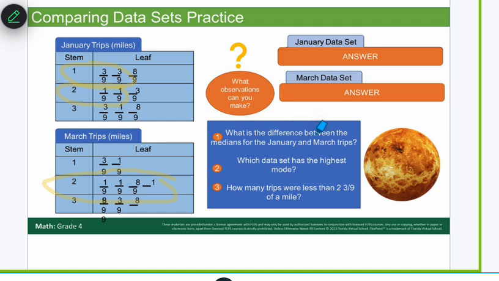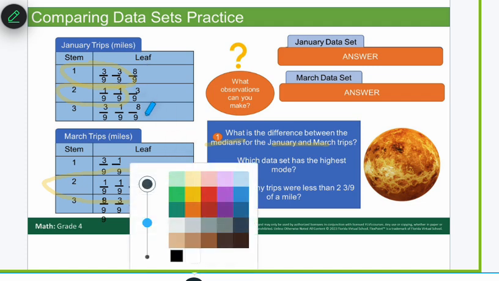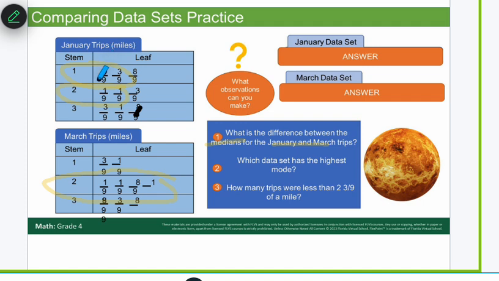What is the difference between the medians for January and March? Well, in order to find the median number, what do I have to do? Remember, median is medium. This is going to be my middle number. Well, my median, if I start crossing off end to end and working backwards, I'm going to see my median number here is 2 1/9.